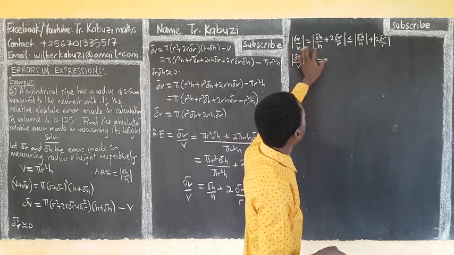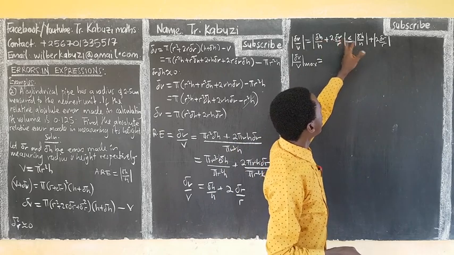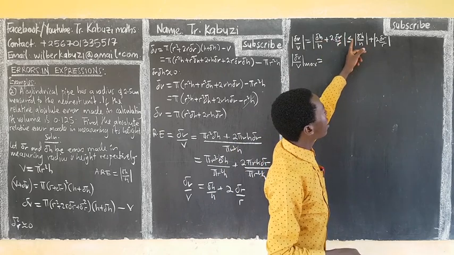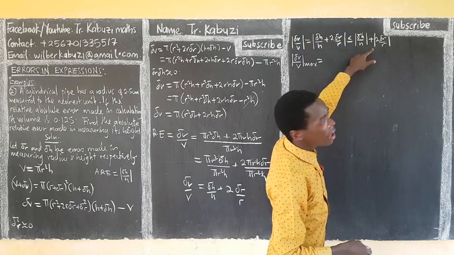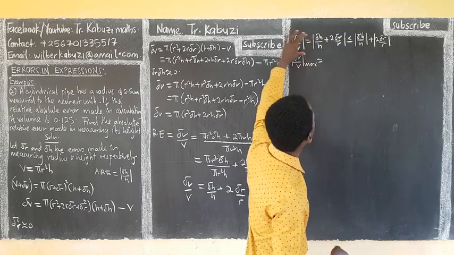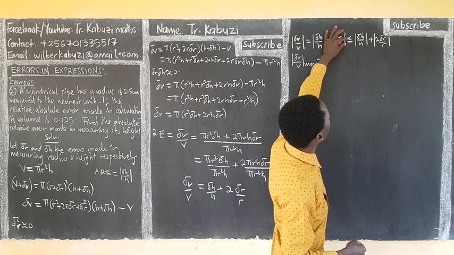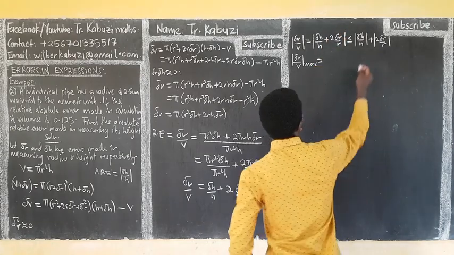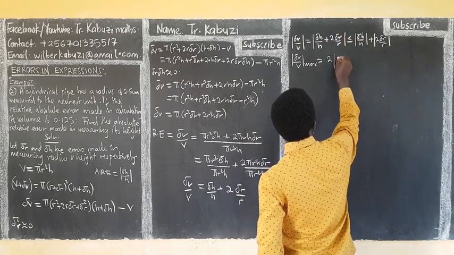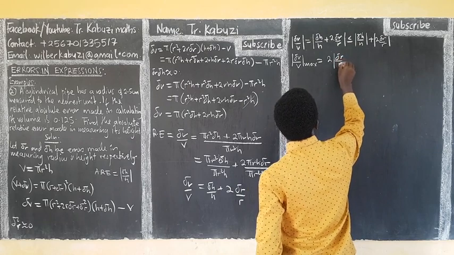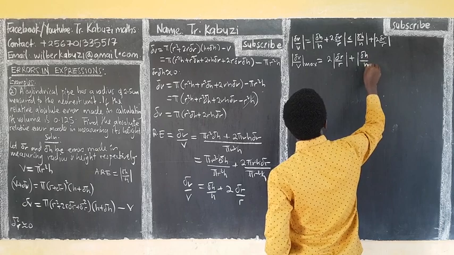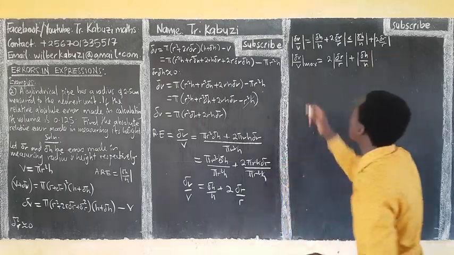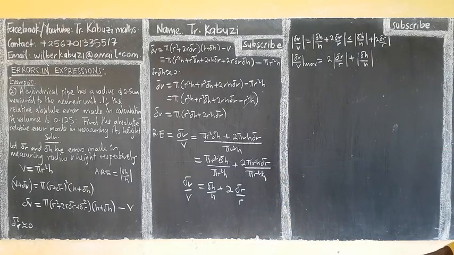Remember this is equal to this and this is less or equal to this, meaning the maximum error you can get is when the whole of this is equal to this. That's the maximum. So I'm going to start with 2 sigma r over r, then plus sigma h over h. So this is the maximum we can get.